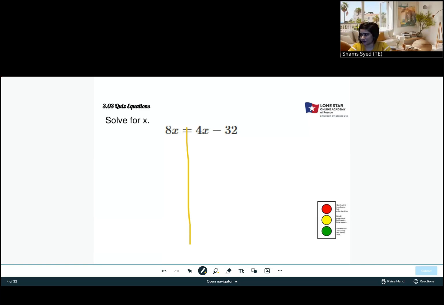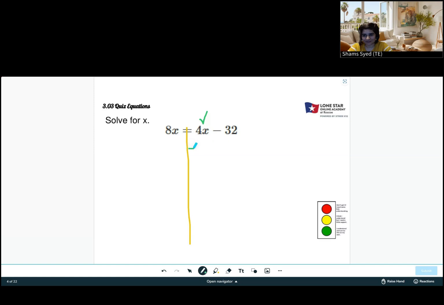To make your work easy, it is always more handy to move the smaller one to the other side. Notice there's 8x and there's 4x. 4x is the smaller one, and it is going to be more handy for me to move 4x to the other side.